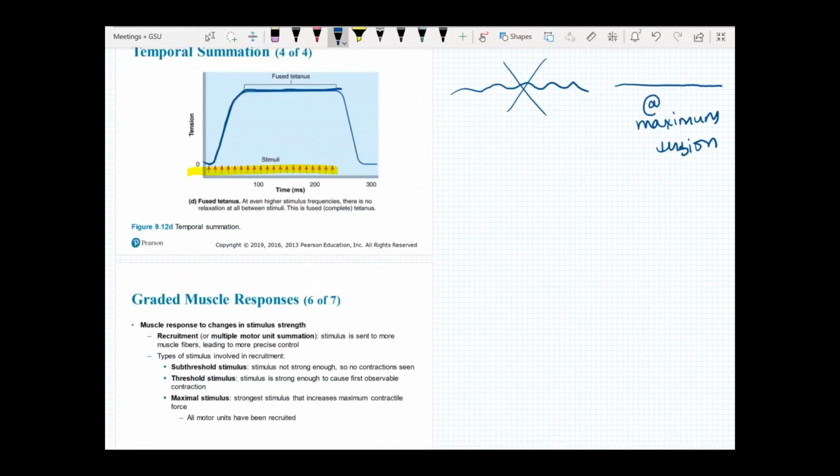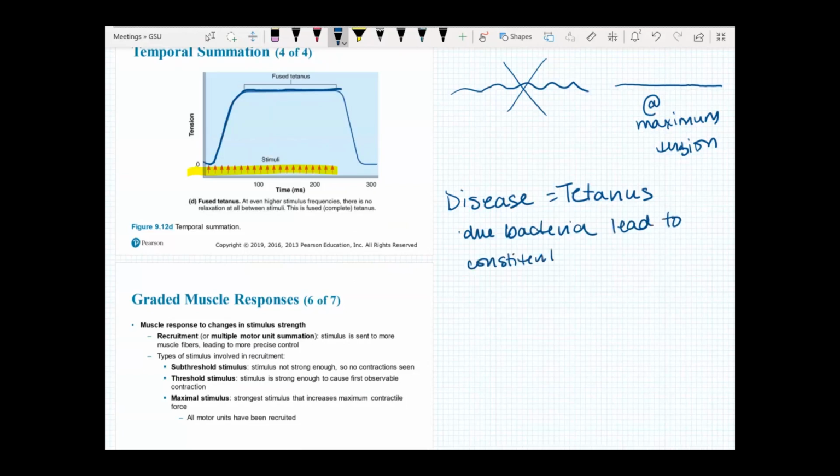If you've ever heard of the disease tetanus, this is actually due to the bacteria called Clostridium tetani. And this bacteria will actually lead to consistent muscle contractions. So if you get this bacteria, your muscles will start to contract consistently.